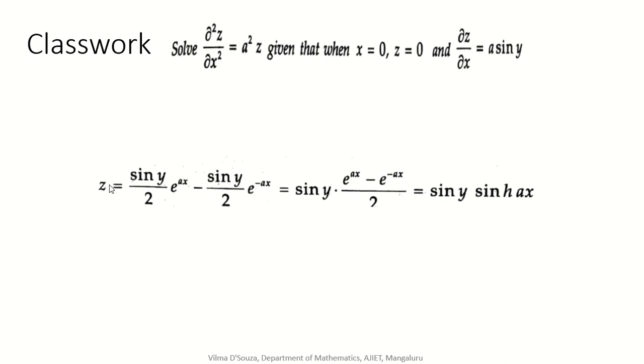So your solution of the ODE will be of the form z is equal to c1 e power ax plus c2 e power minus ax. From there you find what is f and what is g, right?